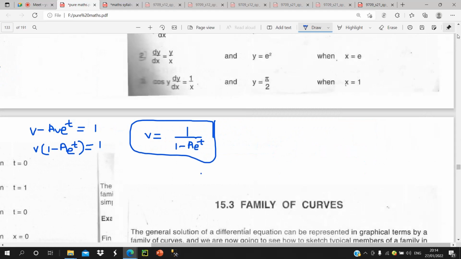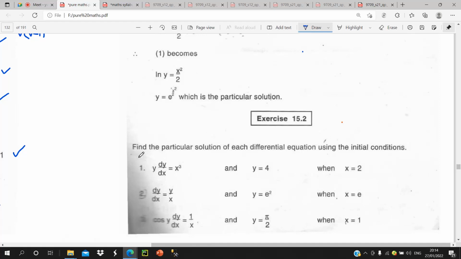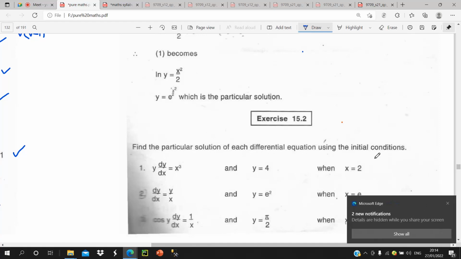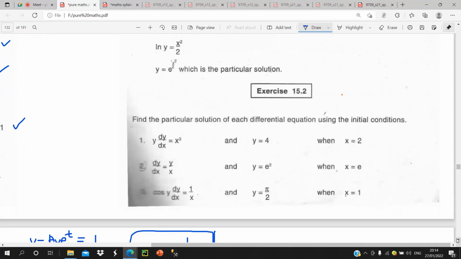So the question will be like this. Can you write this question? Find the particular solution of each differential equation using the initial conditions given. And we want to do number 2.